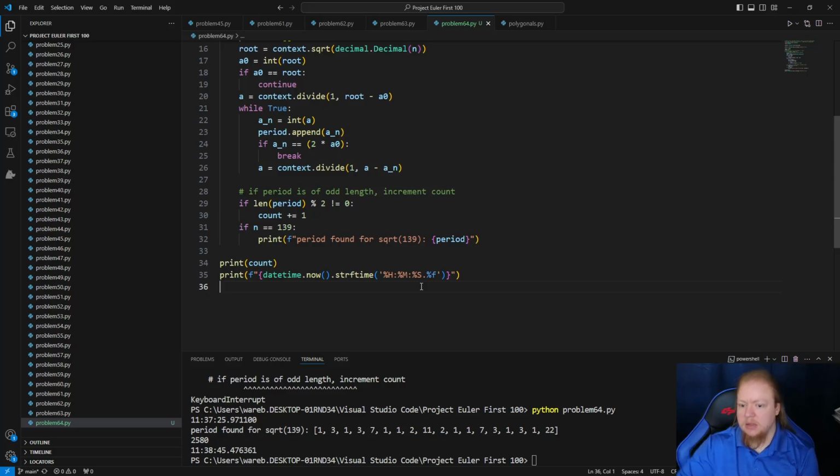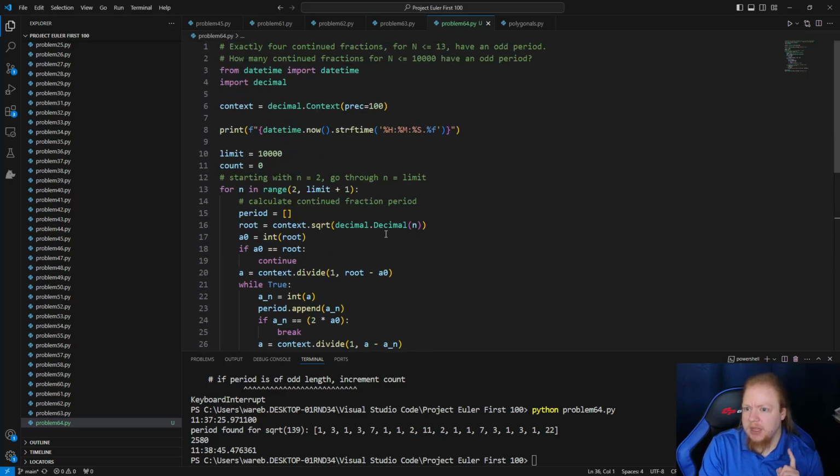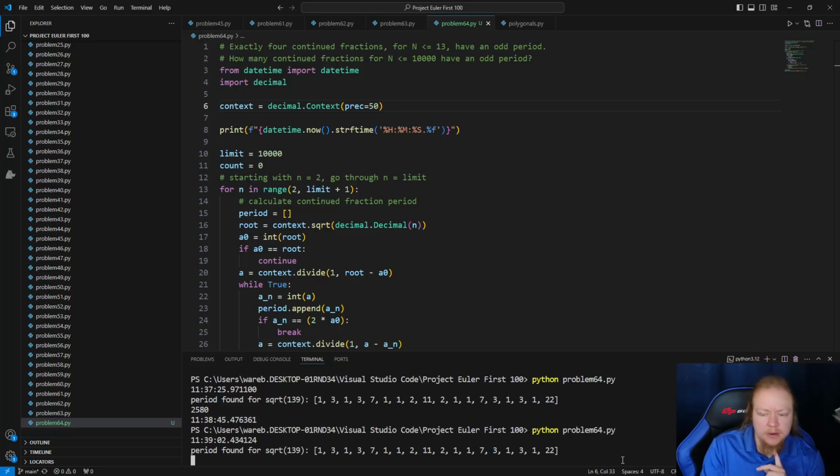Yes, it did take longer than a minute. It got a different answer, and I think that might be the correct answer, but let's see if we can make it take less time by dropping the precision down to 50. Just to see. We did still get the correct answer for 139. So I think we might still get the correct answer for everything else. But I want to make sure.